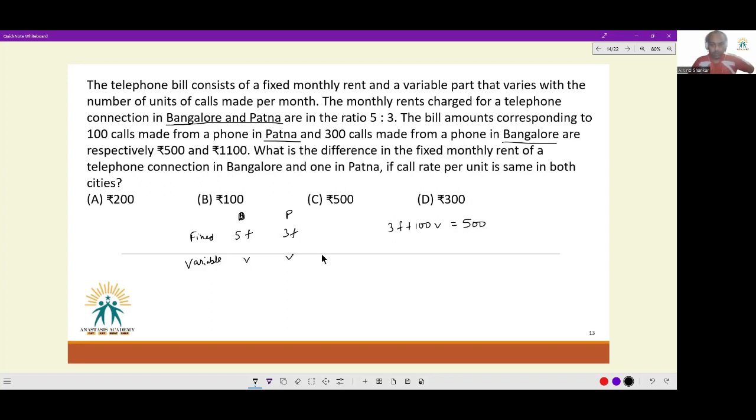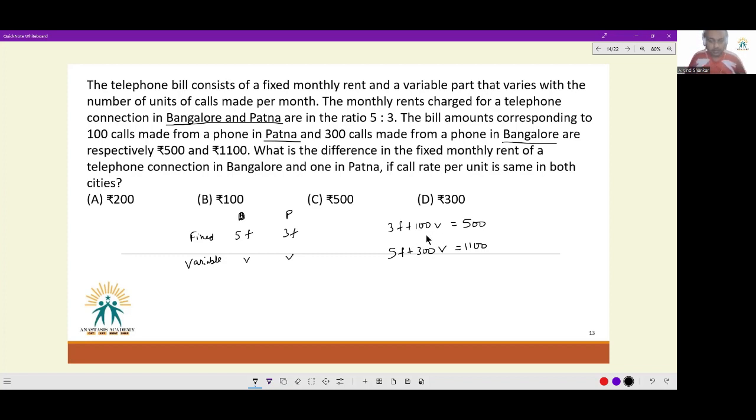This is what we are told. And for 300 calls in Bangalore, 5F plus 300V is equal to 1100.